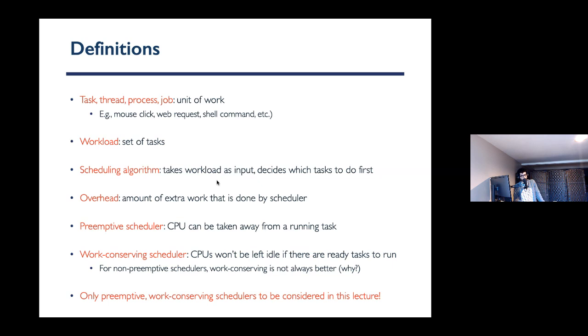Now, if the CPU becomes idle and you schedule one of those low priority tasks, and right after you do that, a high priority task comes, then that high priority task has to wait for the low priority task because it cannot preempt it.